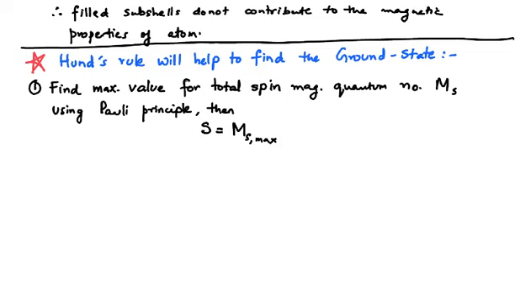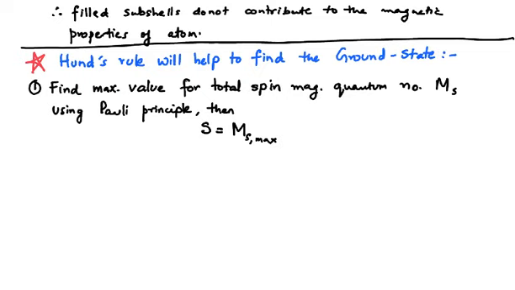So remember, 2 slides ago we asked which of the different possible combinations of S and L would be the ground state. Hund's rule will help us to find the ground state. So we reached 2 points.